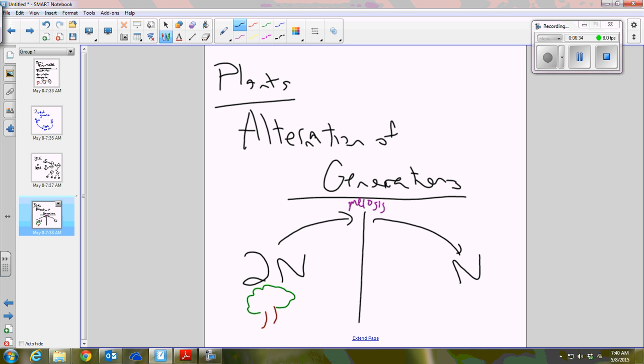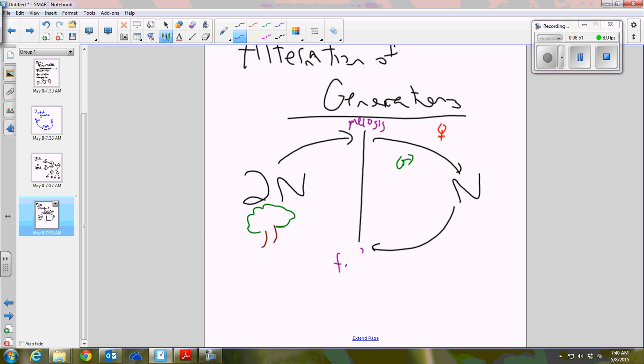And this is when you have the male pollen, the female egg, and they have to combine. Well, when they combine, what is that process called? It's called fertilization. And that's where you get the 2N, usually starting as a seed and then getting bigger.